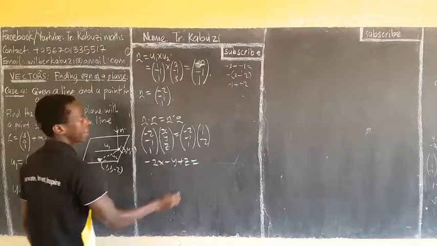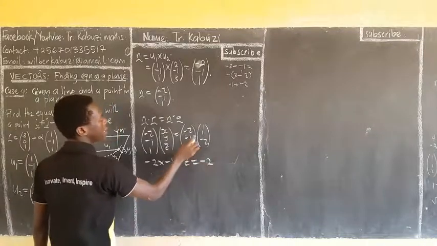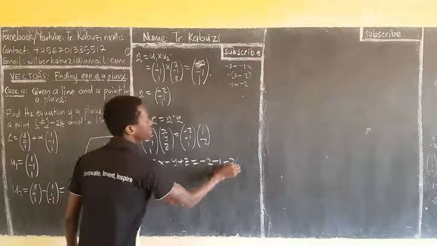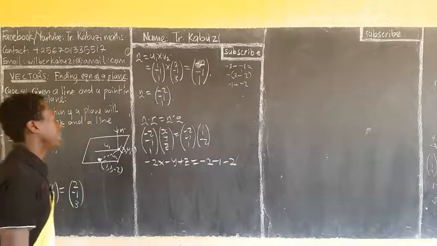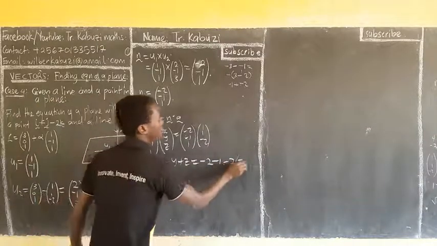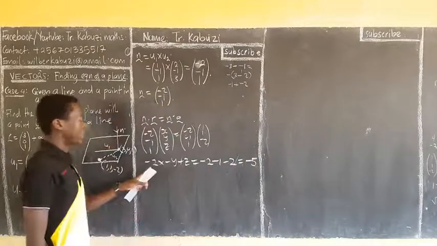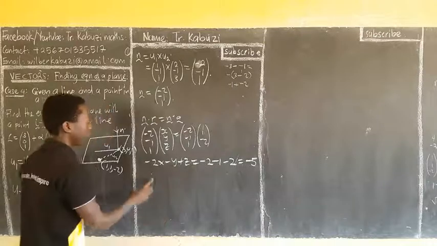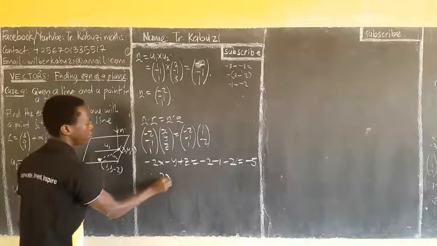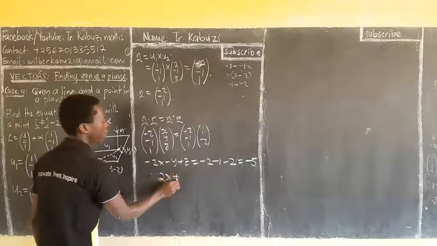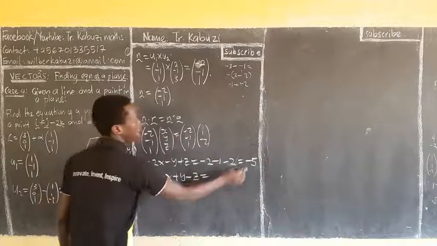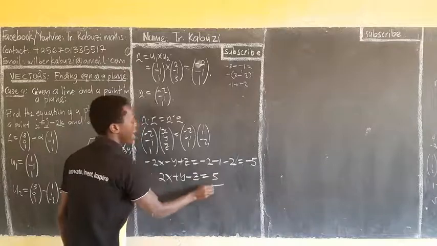This will be negative 2, this and this, minus 1, this and this, minus 2. So now what I'm having is negative 5. To make the first term positive, I divide by negative 1. Dividing by negative 1 you get 2x, plus y, minus z, equal to 5.